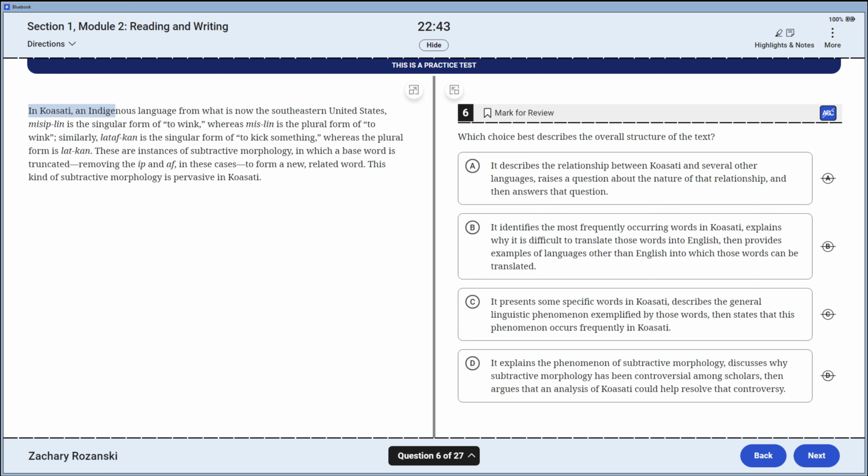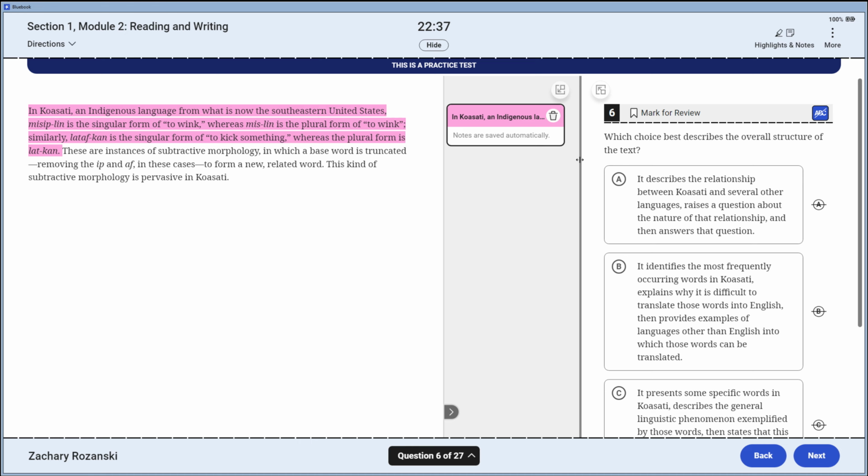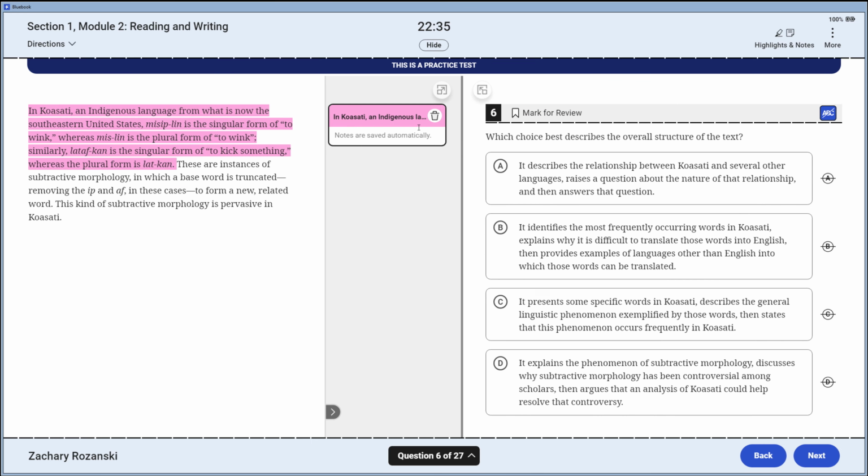What's the overall structure of the text? Let's find our first sentence, which is all of this yap. Let's see what we've got over here. In K, a language from SUS, this word means this thing, and this word means this thing. I'm going to type number changes because I saw the singular and plural comments.